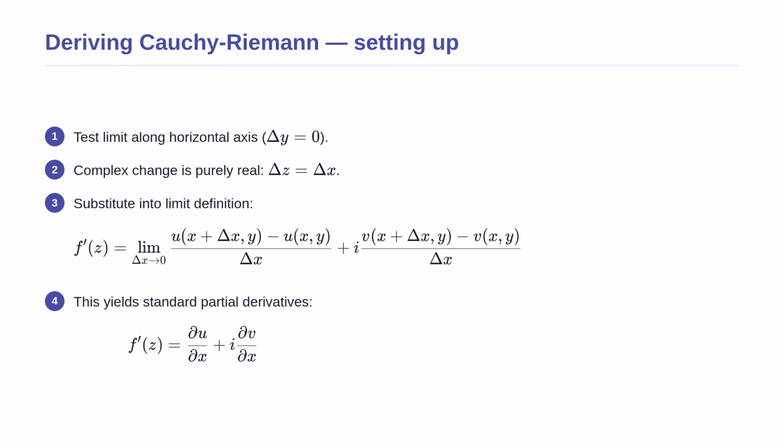Plugging this horizontal change into our limit definition, we separate the real and imaginary parts. As delta x shrinks to 0, this simply becomes the standard partial derivatives of u and v with respect to x.